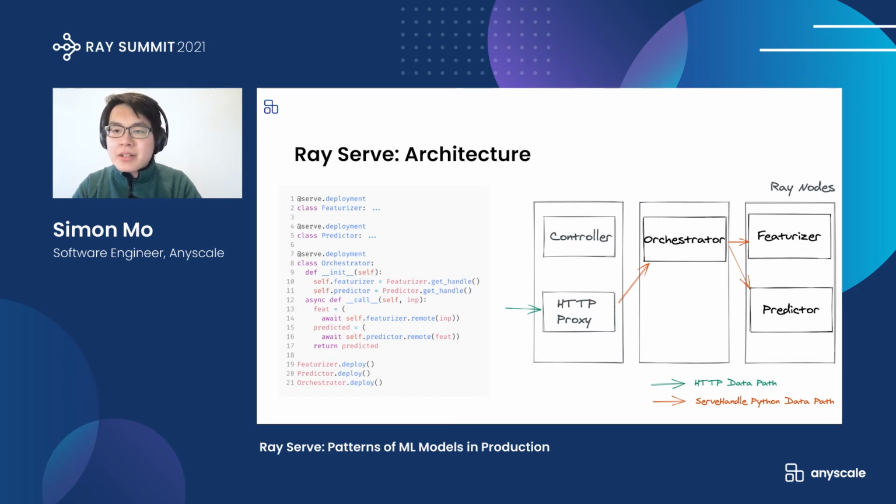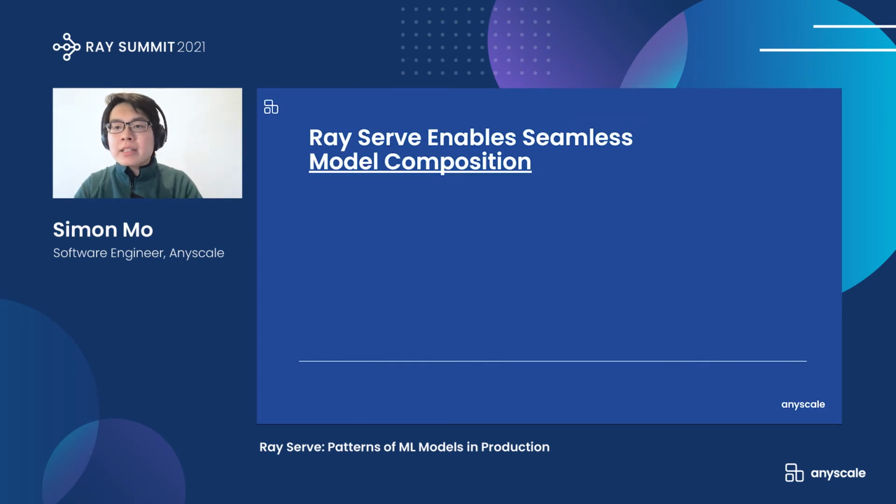But not just composition. Serve handle also provides the capability of load balancing among multiple replicas. In this way, you can scale each component individually. For example, we can have a single copy of the featurizer but have 10 copies of the predictor to achieve high throughput. In this way, Serve enables seamless model composition.